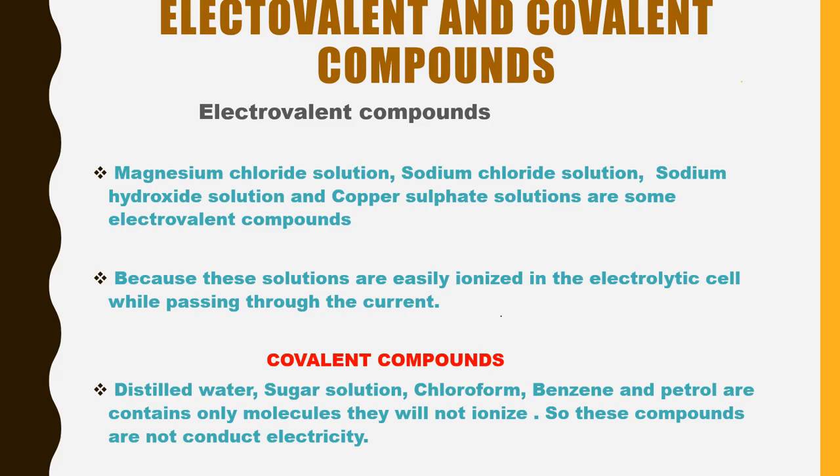Some of the electrovalent and covalent compounds. Electrovalent compounds: magnesium chloride solution, sodium chloride solution, sodium hydroxide solution, and copper sulfate solution are some electrovalent compounds because these solutions are easily ionized in the electrolytic cell while passing the current.